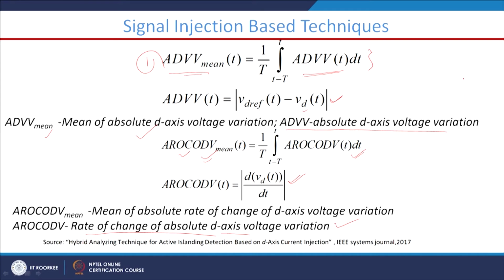See why we are doing all this exercise: sometimes what happens is, if we take more features, these are basically features. You can take the voltage, the mean of the voltage, the rate of change of the voltage, or the energy present in the rate of change of voltage; those are different features. Why are we taking many features? Because a single feature may not be sufficient to detect whether it is an islanding or non-islanding situation.